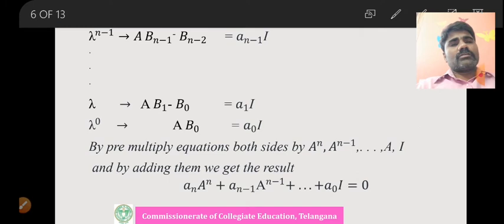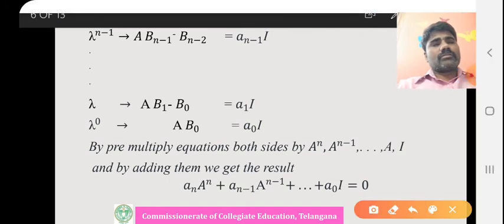This is the first one, the lambda coefficient is A B 1 minus B naught equal to a 1 I, and the lambda power 0 coefficient is A B naught equal to a 0 I.